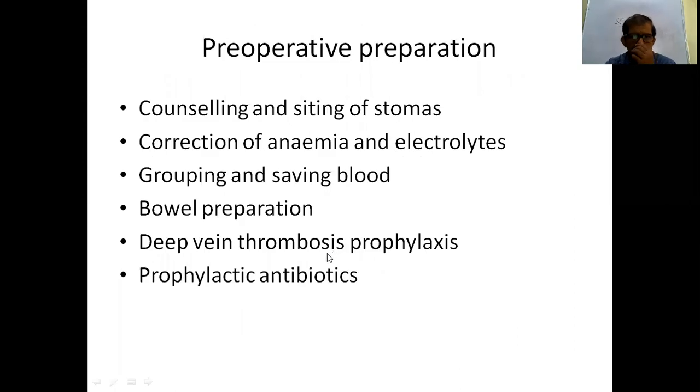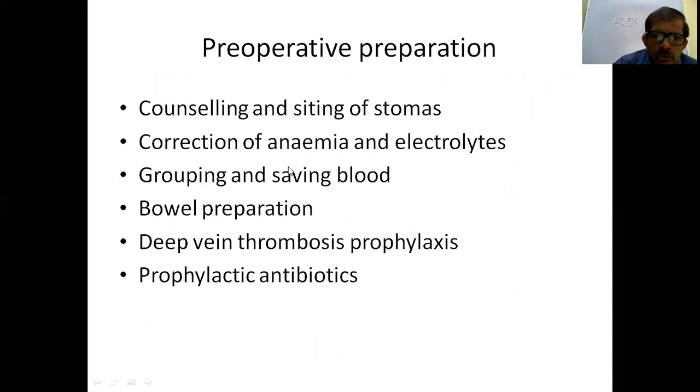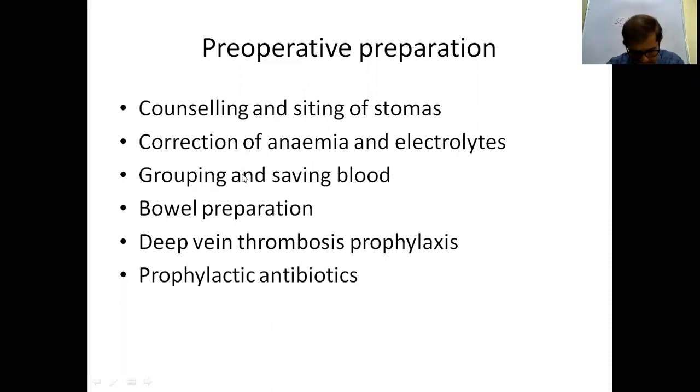Pre-operatively, already I told you about counseling, about siting of stomas. These patients are anemic, so you have to correct anemia. Then blood transfusion, you have to be ready. But usually we should try to finish the case without blood transfusion, because there is a study where giving blood is associated with poor prognosis. That means the surgery is so extensive or so blunt that the prognosis will be decreased if you give blood.